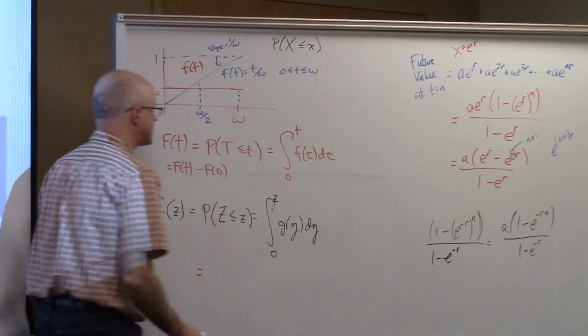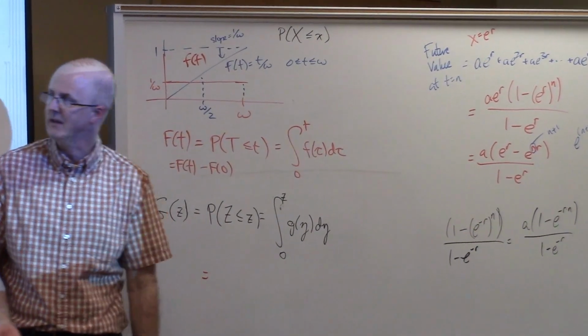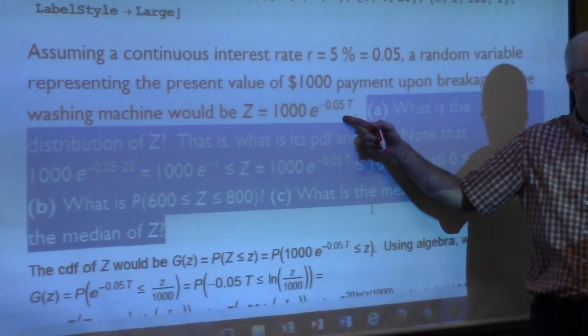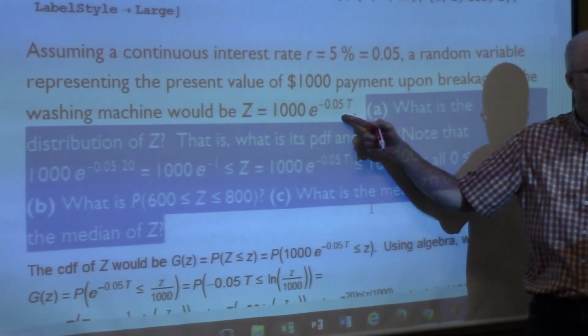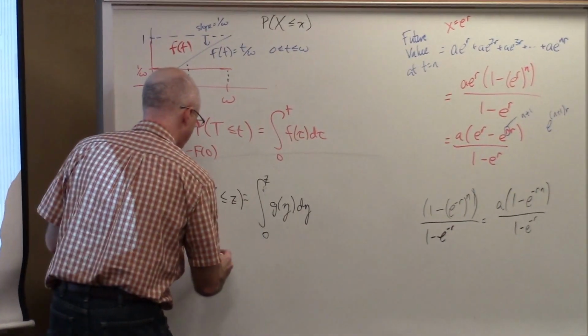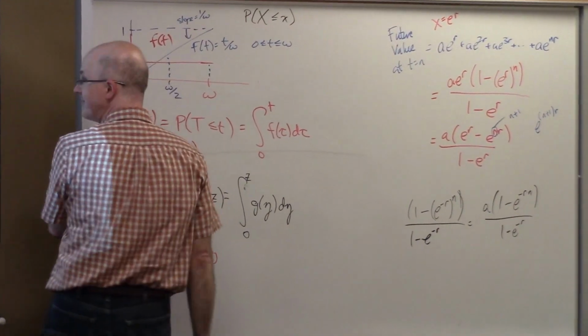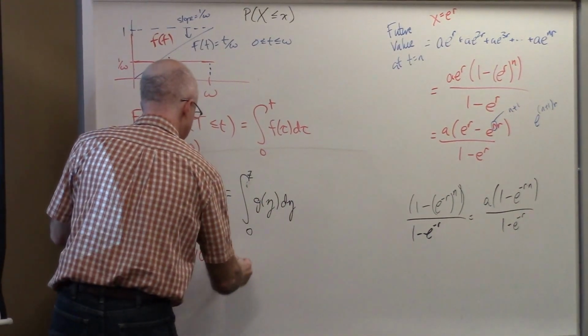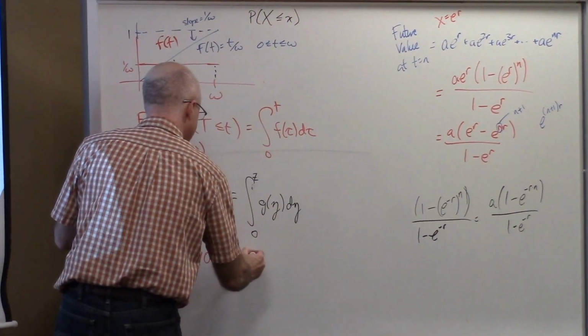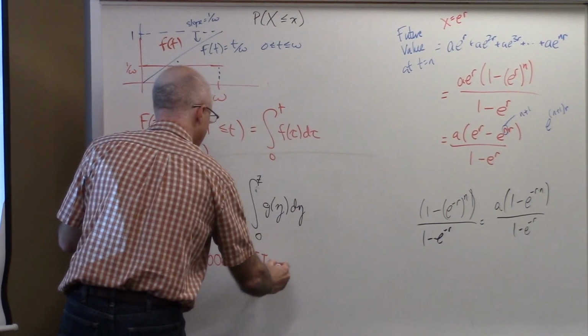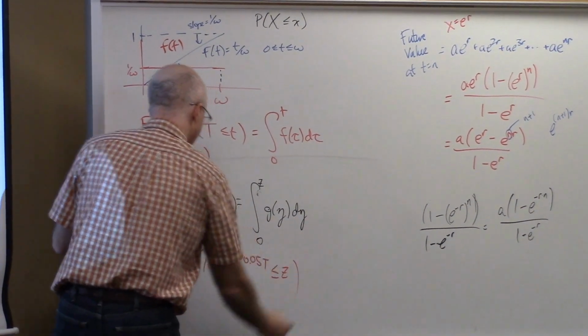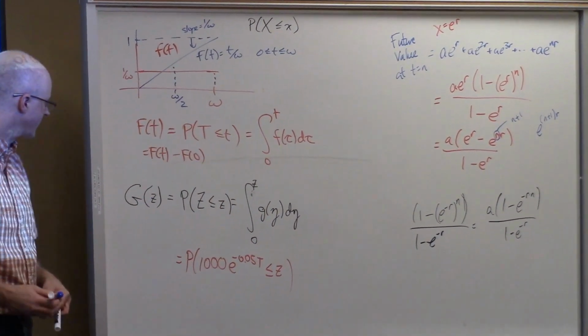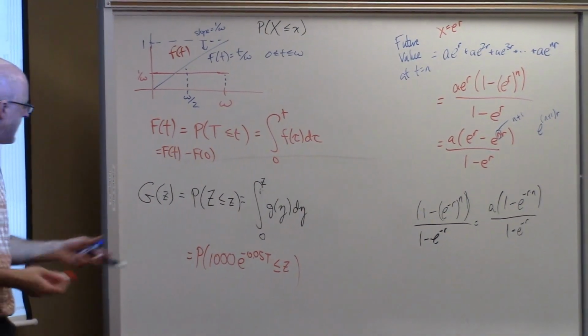And the way to do it is to relate it to capital T. Here's our relationship. Use that. Replace the capital Z with 1,000, I'm using a 5% interest rate, e to the negative 0.05 capital T. What can I do with it?